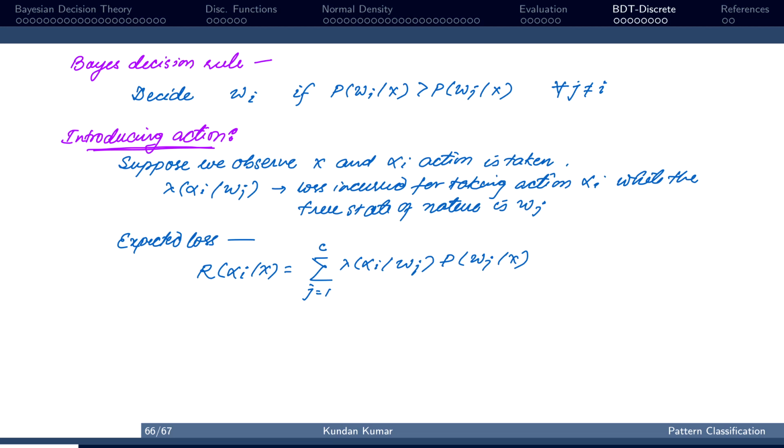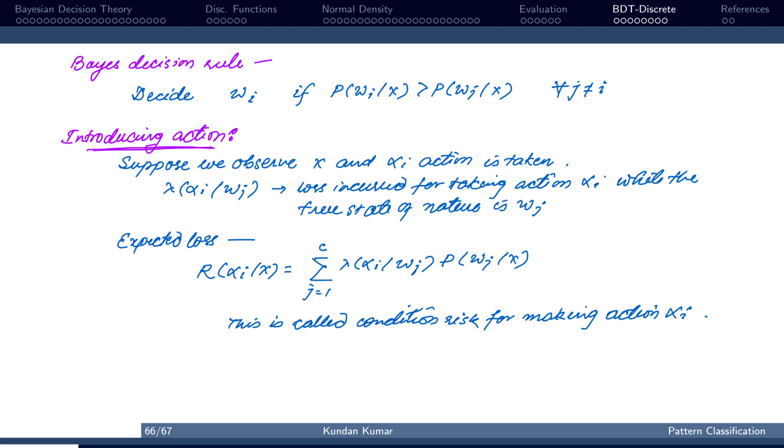So this is called the conditional risk for taking action alpha i. Now we want to find a decision rule that minimizes the overall risk, because our objective is to minimize the risk.